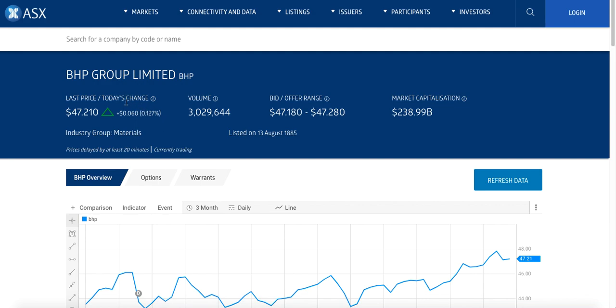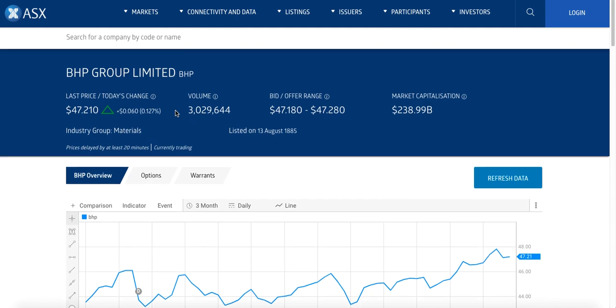Got just confused myself there. And what we're looking for here is just really basic information: the current price of the asset, the annual yield, these sort of things, any announcements that might have come out in the past couple of weeks or months, whatever it might be.